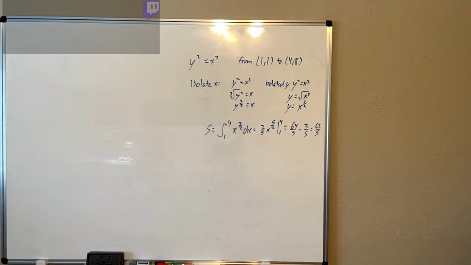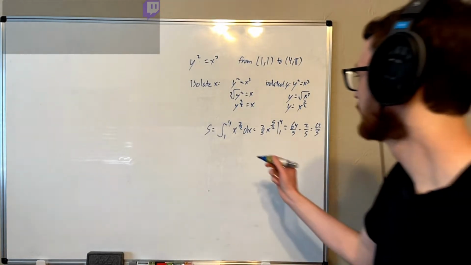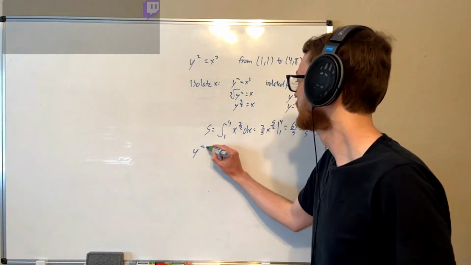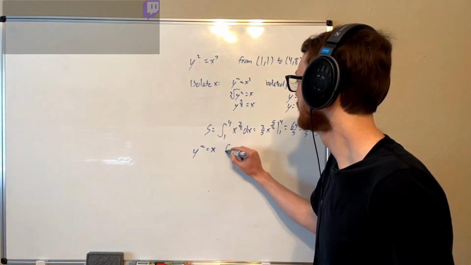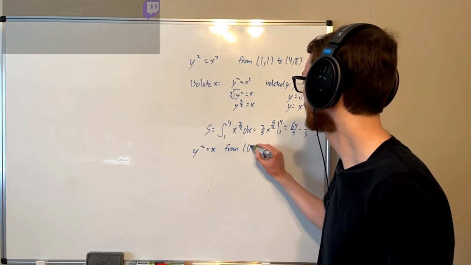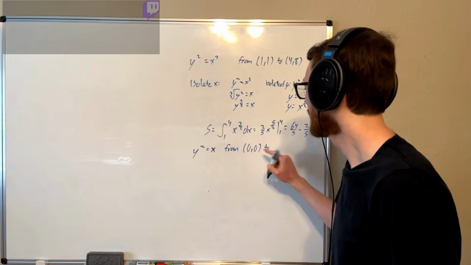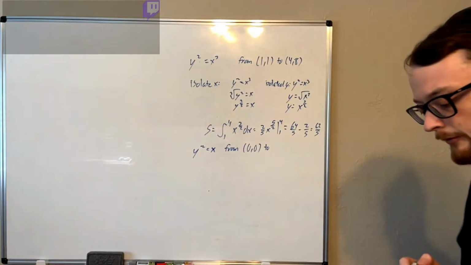So underscore, your other example is, I need the second point for y squared equals x. What was the second point for y squared equals x?